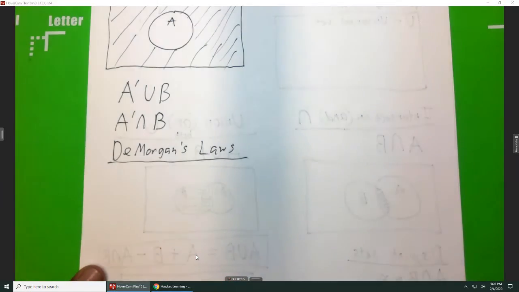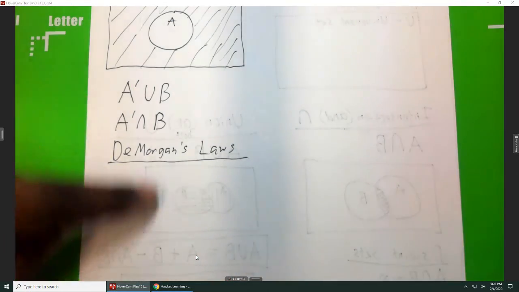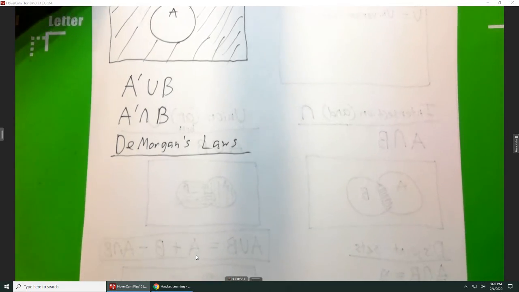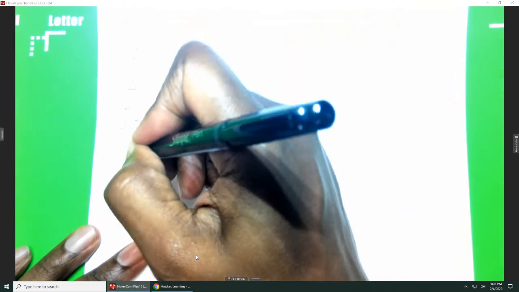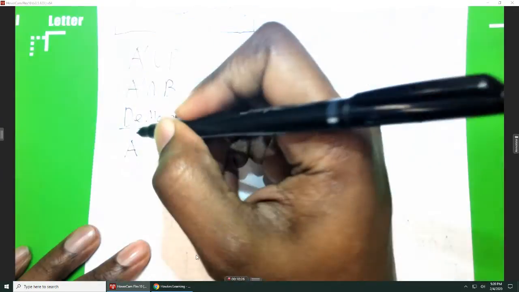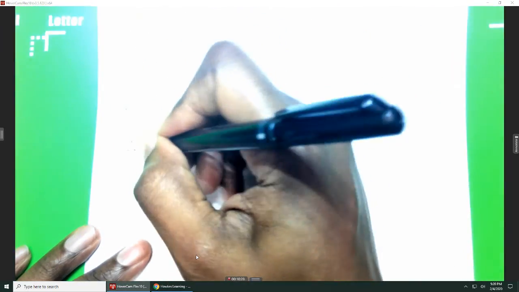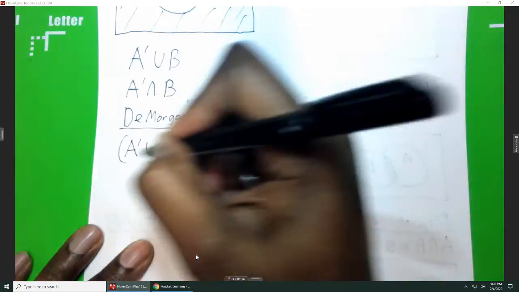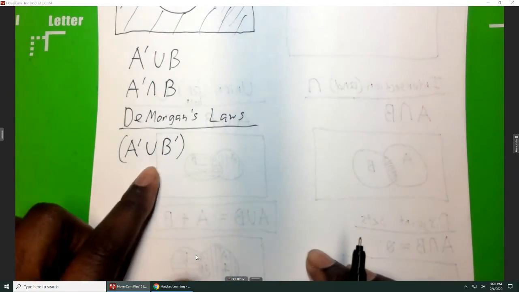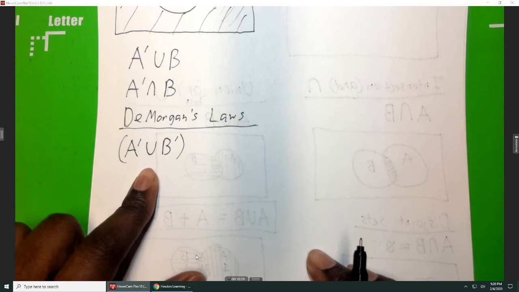He gives us a shortcut with some of these complements. One of them is A complement union B complement. If you have this going on, there's an easier way to do this.